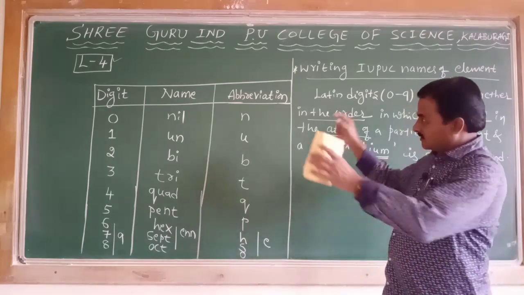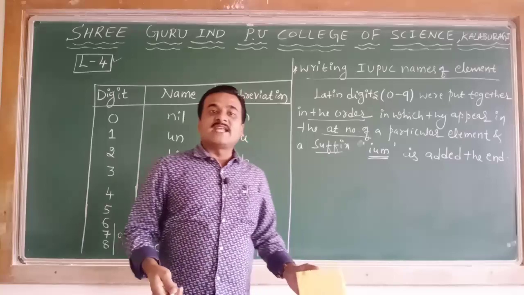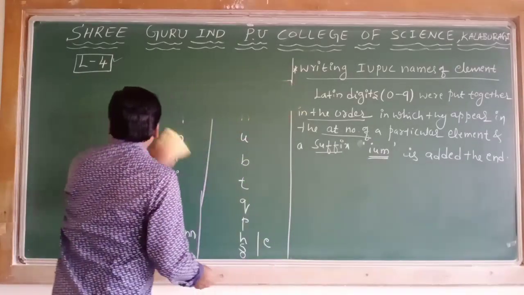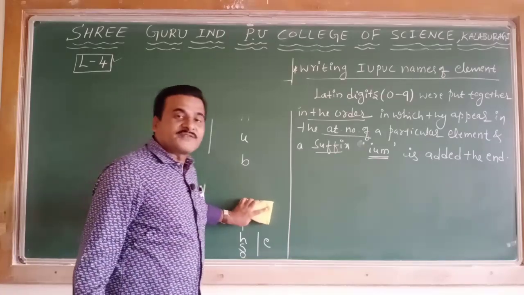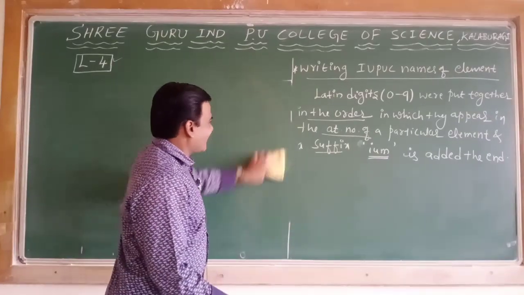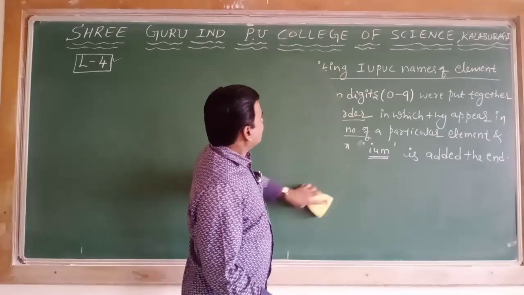Let's collect one more table for writing the IUPAC names of elements with atomic number more than 100, along with their official names. Up to element 111, the official names were given.